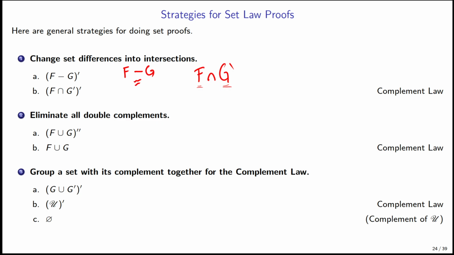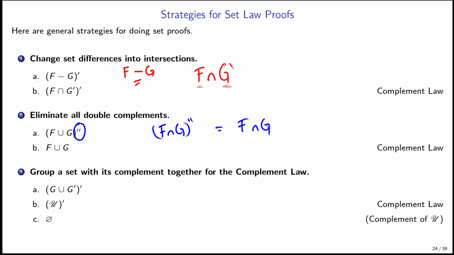If you ever see two double complements, get rid of them. Like, two negatives make a positive. Dealing with double negatives is a lot more work than just dealing with no negatives at all. So if you have something like f intersection g, and you have a double complement there, just get rid of the double complements. Instead, change that to f and g.